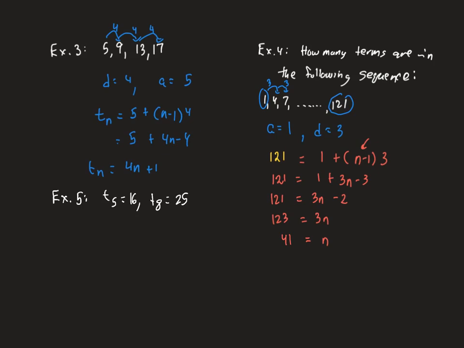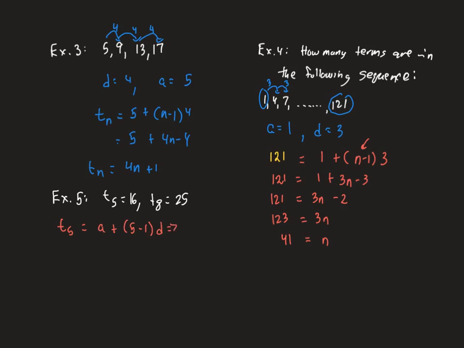Well, for this case here, you'd have to make two equations, because I don't know what A is and I don't know what D is. So I know T5, which is 16, but I do know that you have A plus, I know my n would be 5, don't know what my D is.